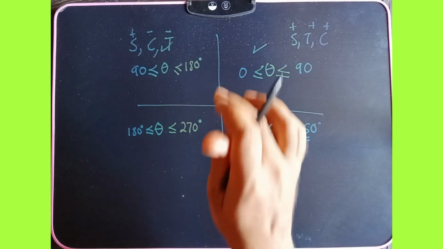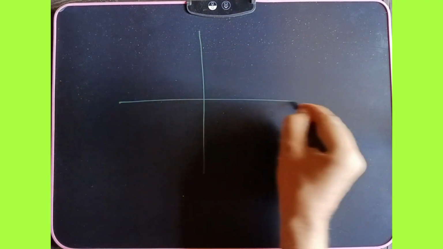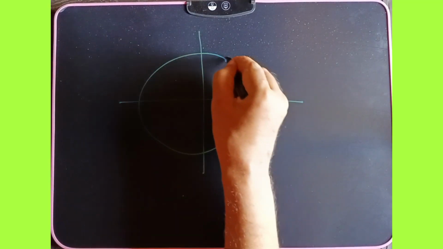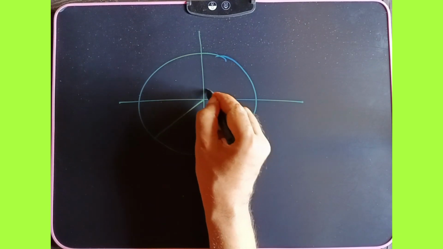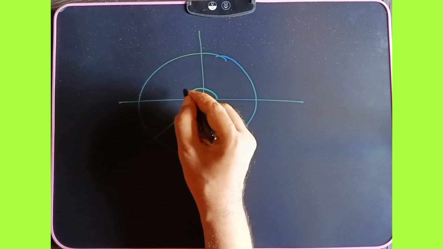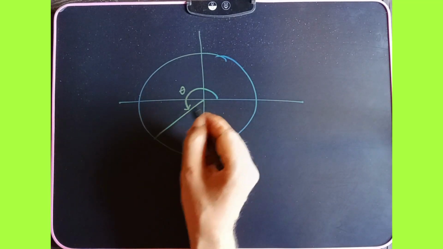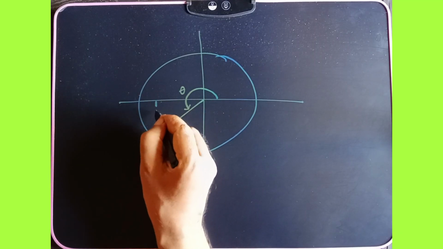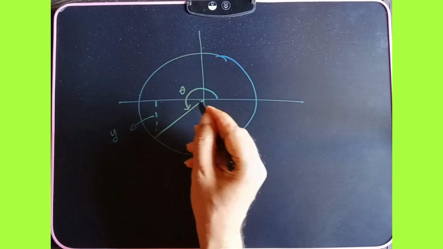So now we'll see the third quadrant. Let us draw it for the third quadrant. Let me take a circle first, to make it easy to understand. I'll extend the line here. Now this angle is theta, right? And the height from here to here with this line is called y.